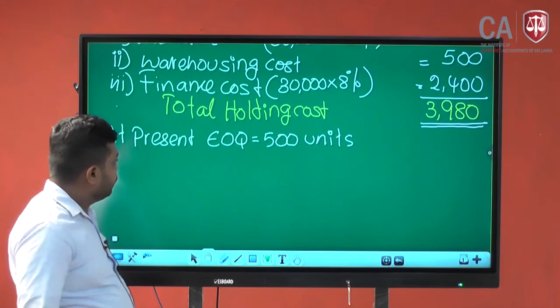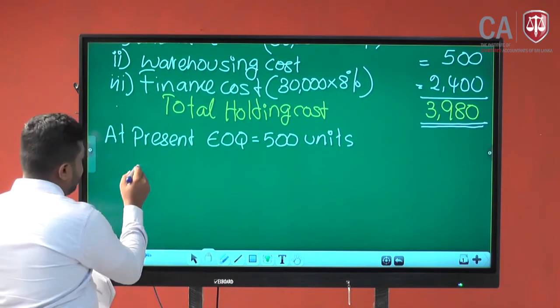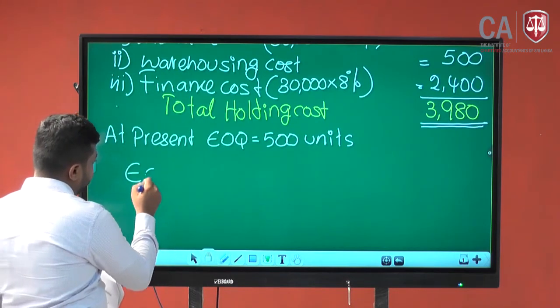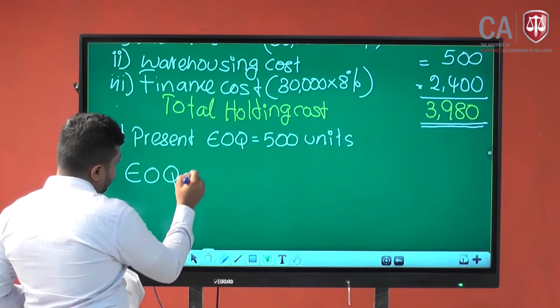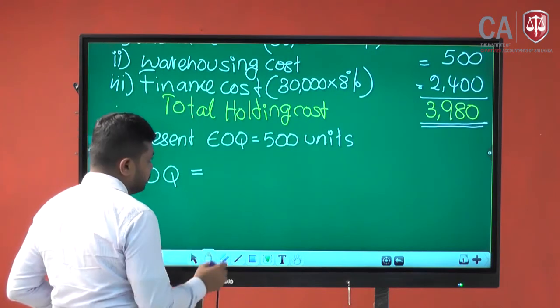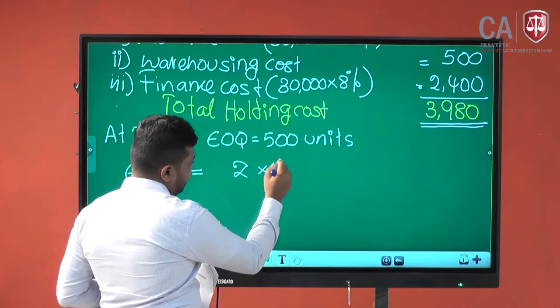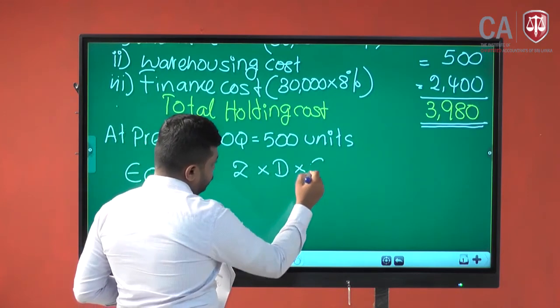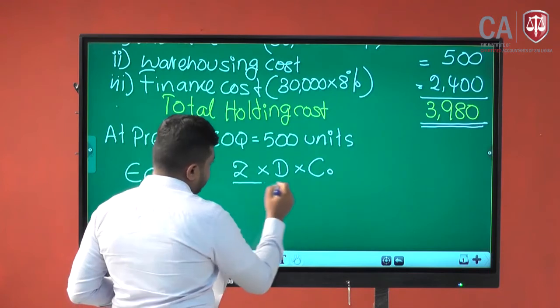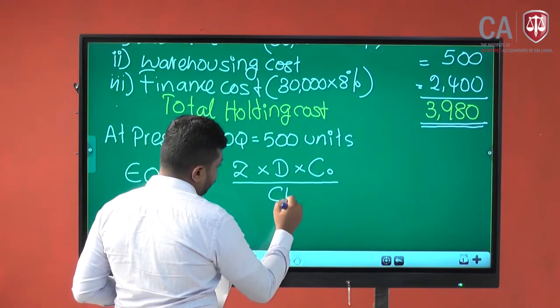Then we will use the economic order quantity formula. EOQ equals the root of 2 into demand into cost of ordering divided by cost of holding.